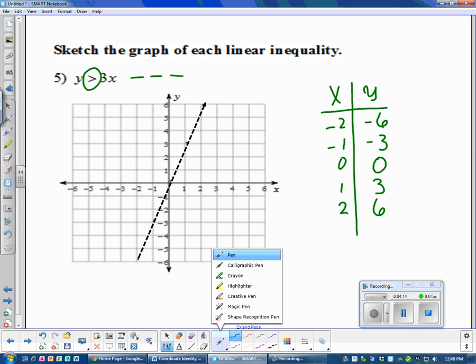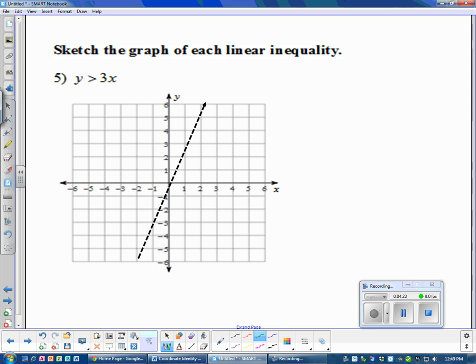So therefore, I'm going to shade above. So I shade everything above, but do not include the line because it's a dotted line. And I apologize, I'm trying to hurry up and color it in for you. But once you shade it as best as you can, then you are done.